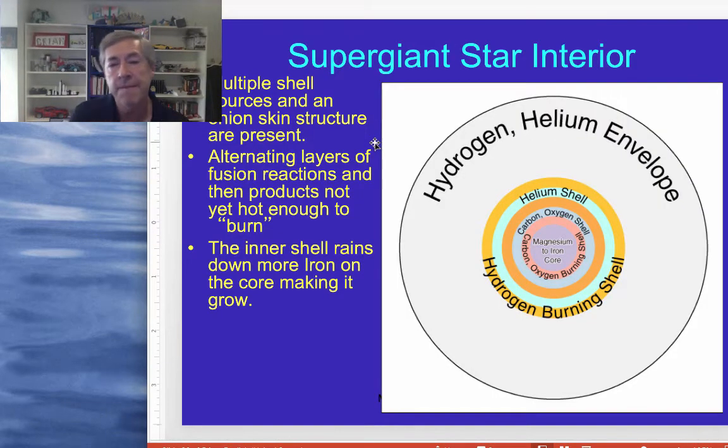So as I said, if you could look inside, which we cannot, but if you could imagine you could do a core sample through the center of this very highly evolved massive star, it's going to start building up layers a bit like the skin of an onion.